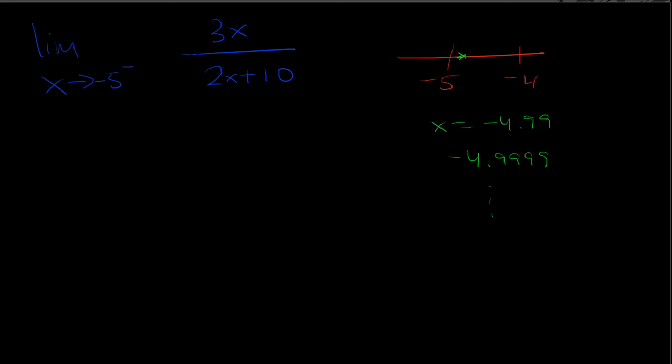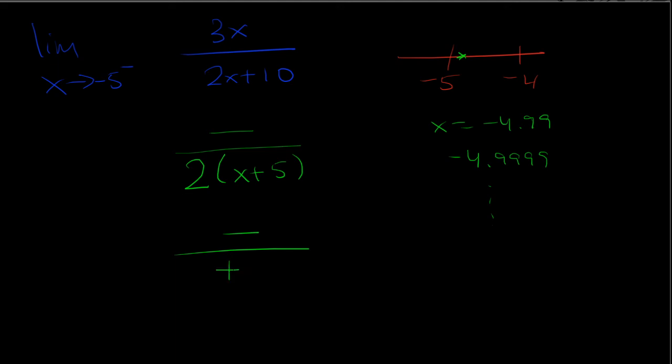What happens is, we know x is negative, so 3x is also going to be negative. And 2x plus 10, think of this as 2 times x plus 5, right? So if I'm picking numbers to the right of negative 5, that means it's greater than negative 5. So the x plus 5 is just going to be positive.